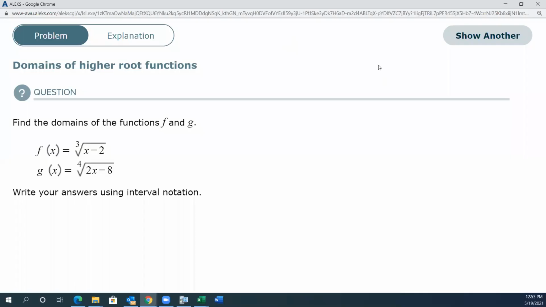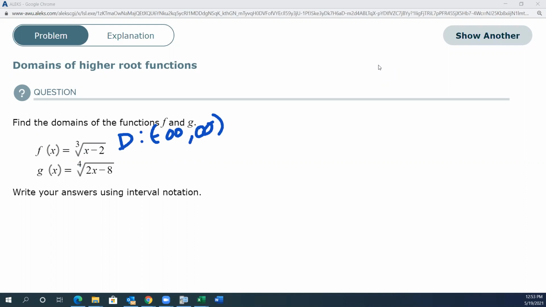Now, to find the domain of a higher root function, I'll just tell you right now. Remember a moment ago when we saw that if it's an odd root, it can handle negatives? That means there's not going to be any restrictions. It's just going to be -infinity to infinity anytime there's an odd root. Just that easy. Now, for an even root, the deal's off.